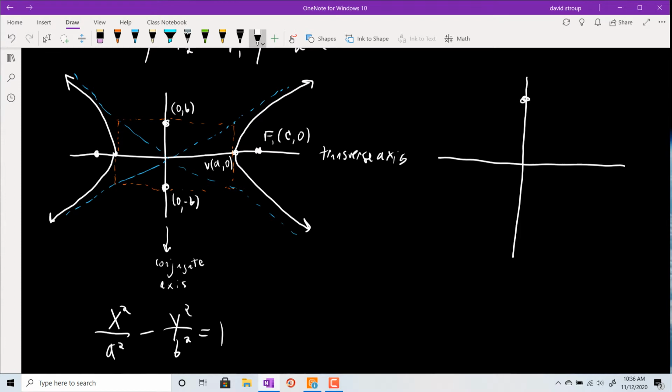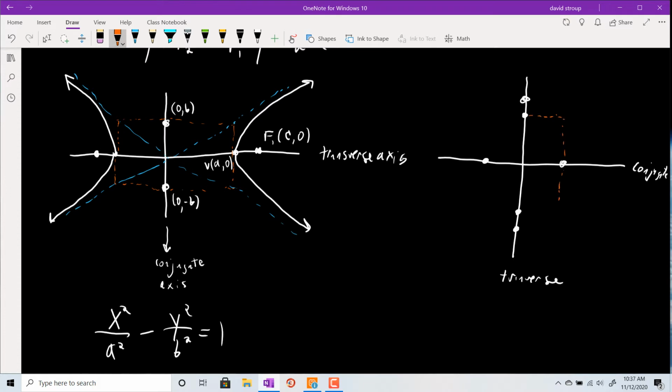So here again, we'll draw the vertices and the foci, and then put the b values on. Now, the x-axis is now the conjugate axis, and the y-axis is now the transverse. So again, if you were to draw this, the first step is kind of just to get all those points plotted.